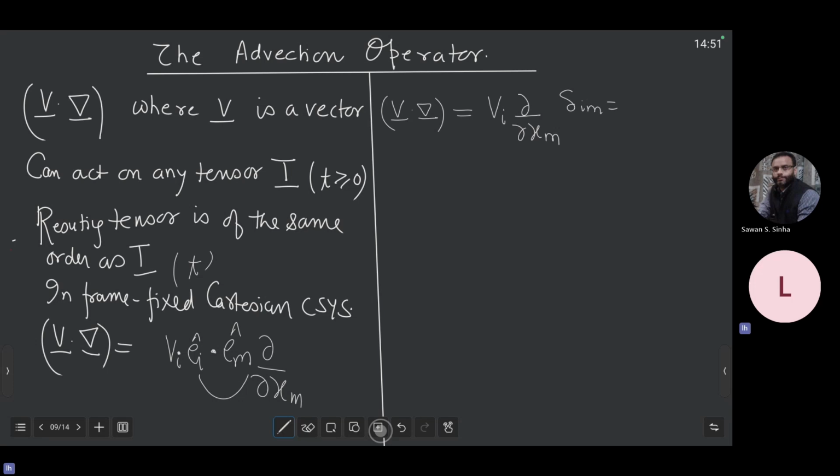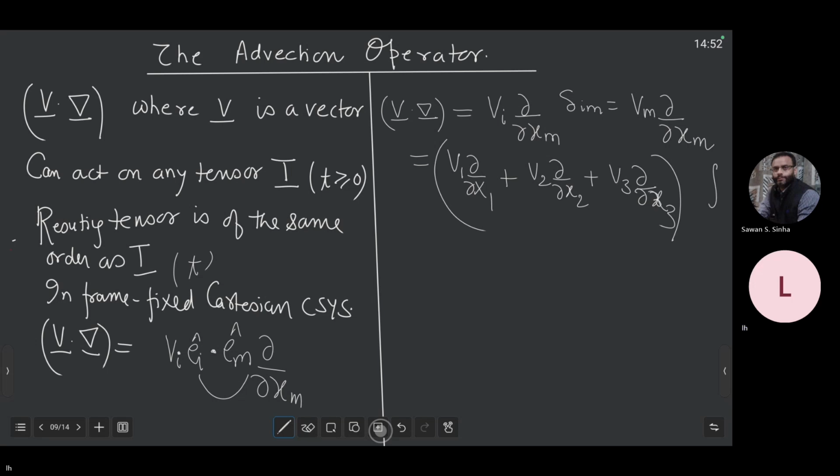That is going to become Vm del xm. Still an operator. In its full form, it will be like this, ready to act on something, whatever it is supposed to act on.